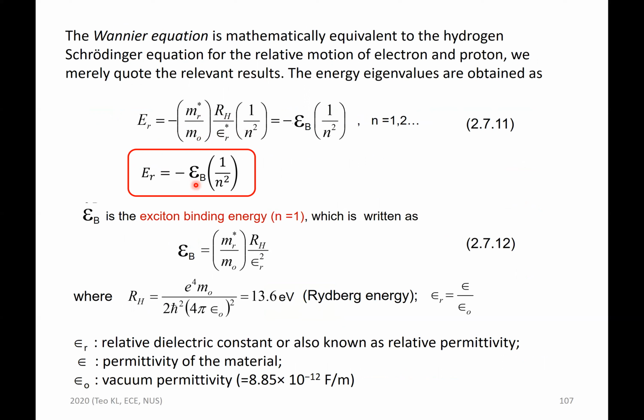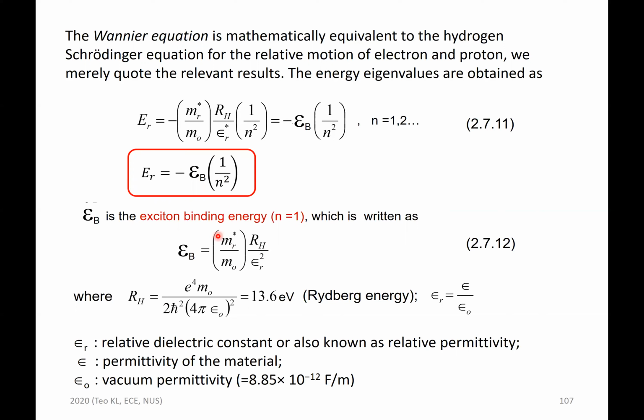And of course, the exciton will have many different levels, n equals 1, n equals 2, n equals 3. Just like in the hydrogen atom, you will have a series of excitation lines. And n equals 1 will give you the exciton binding energy, which is written in this form.